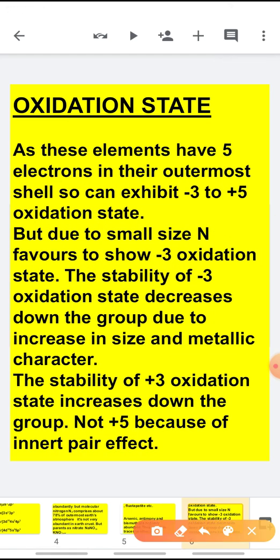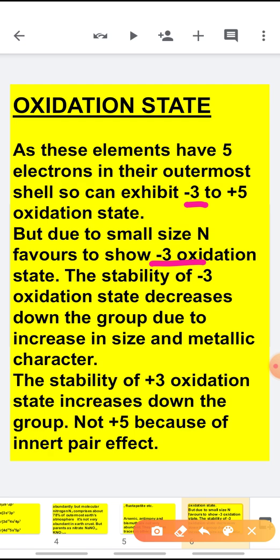Coming to the oxidation state. All these elements have 5 electrons in the outermost shell, so they can exhibit oxidation states from -3 to +5. But due to the very small size of nitrogen, it favors showing only the -3 oxidation state.